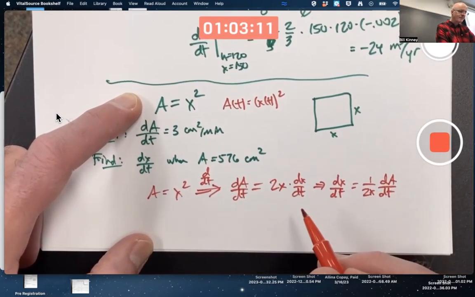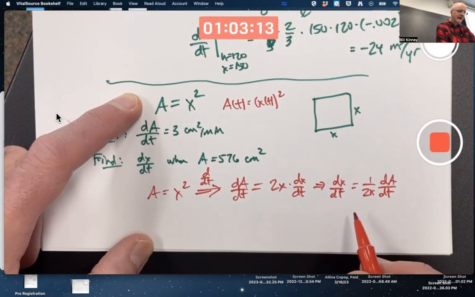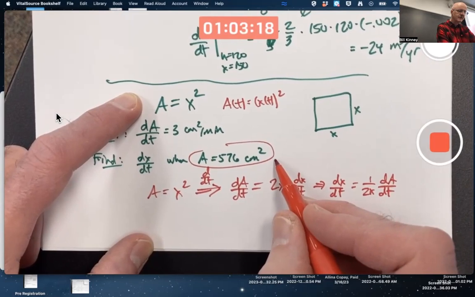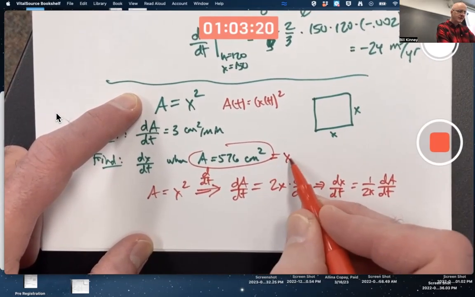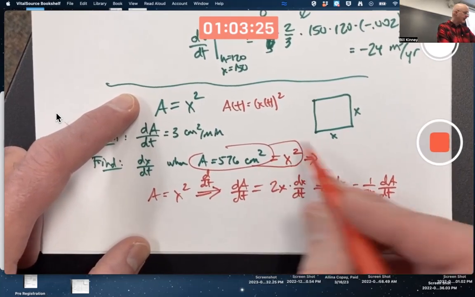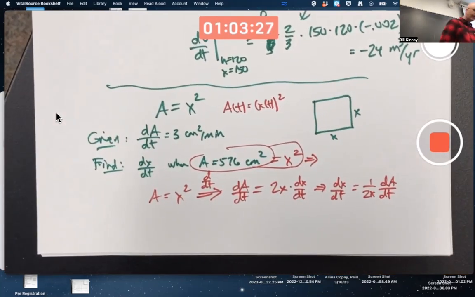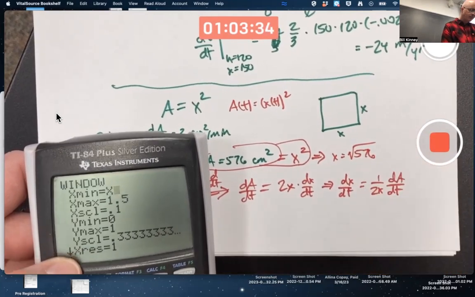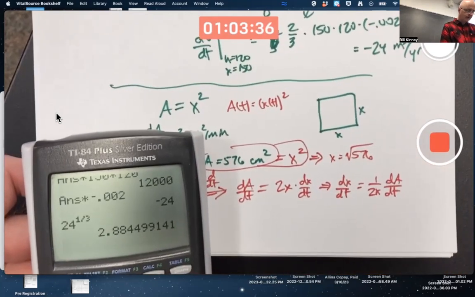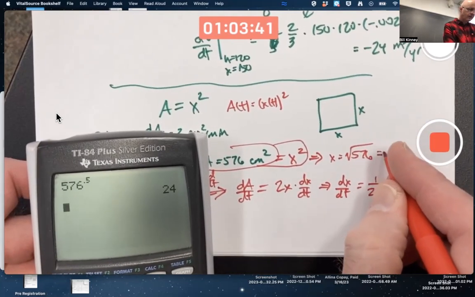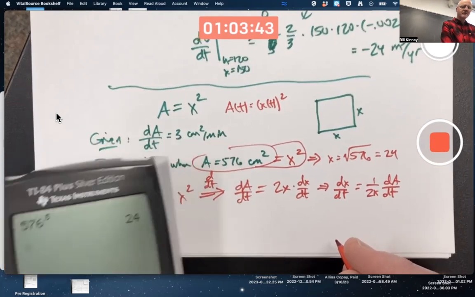Plug in. We're going to need to plug in x to evaluate this based on A being 576 square centimeters. We do need to solve this equation for x by taking the square root. When A is that area, what is x? x will be the square root of 576, which is 24.